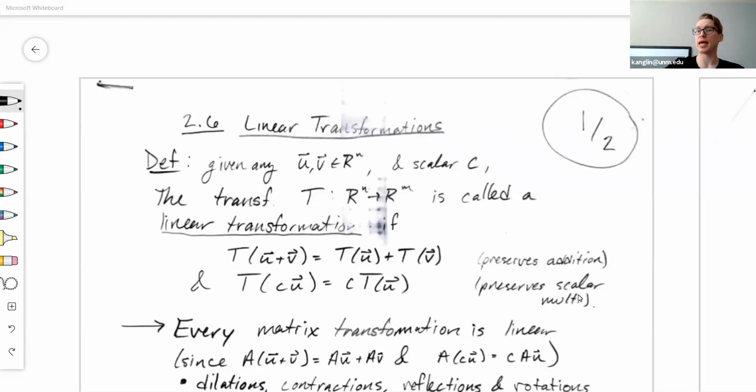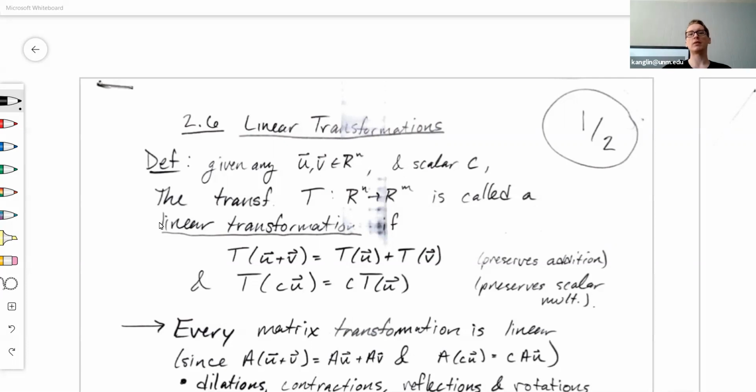And it needs to preserve scalar multiplication, in the sense that T of a scalar multiple of u is really just a scalar multiple of T of u. So instead of applying the scalar to the vector inside, you can take the scalar outside and apply the transformation, then tack on the scalar at the end.